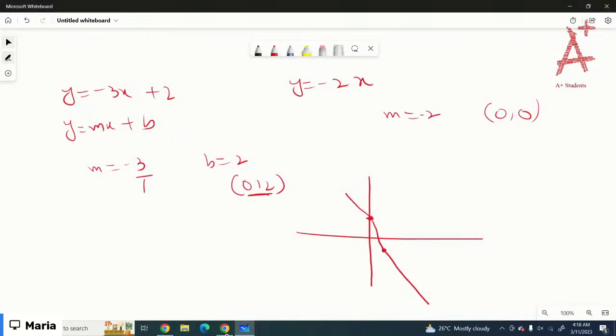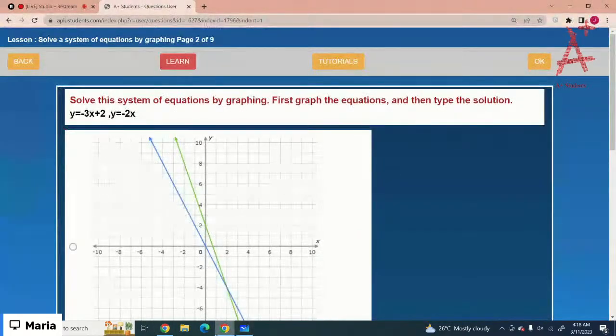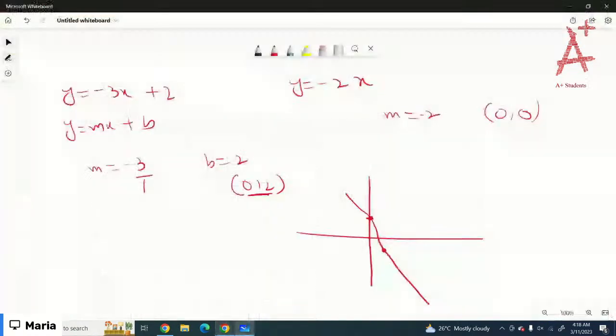Okay, the second one is m equals negative 2. The line is passing through the origin and the slope is negative 2. So here is the origin, move down 2 and 1 right. So it would be here.